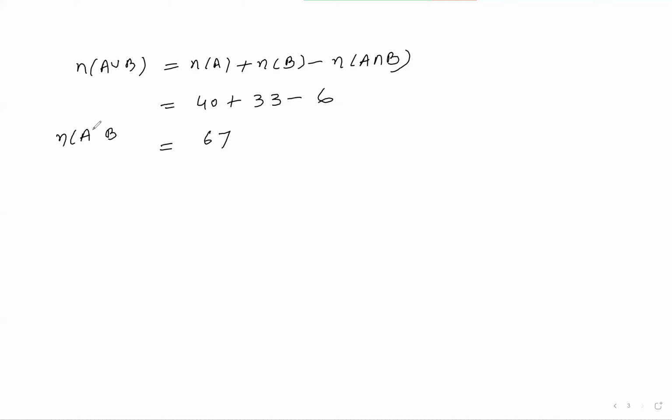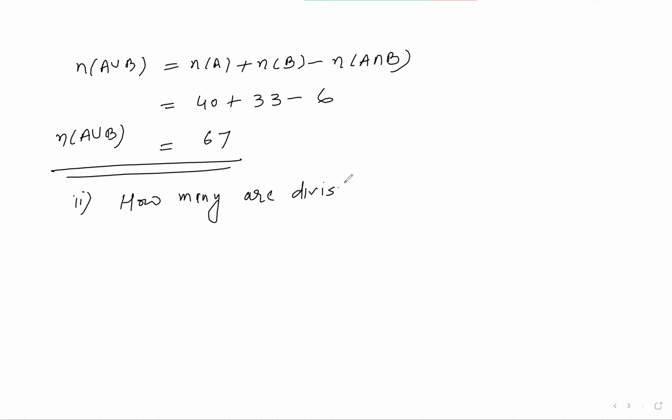5 or 6. Right? In case we wish to find how many are divisible by 5 but not 6. How many are divisible by 5 but not 6?